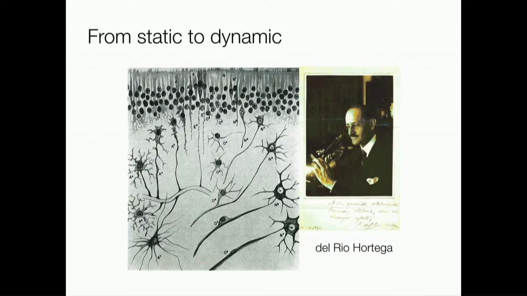Okay, but the future of atlasing, I think, is going from static pictures to dynamic. And what I mean by that is well illustrated by this drawing from Del Rio Ortega. He was the guy who discovered and named oligodendrocytes. This drawing, I think, is a beautiful summary of brain development that shows the major lineages of the brain going from the neuroepithelium.